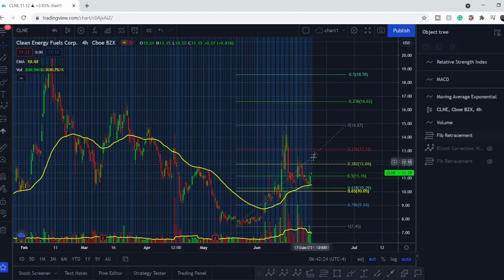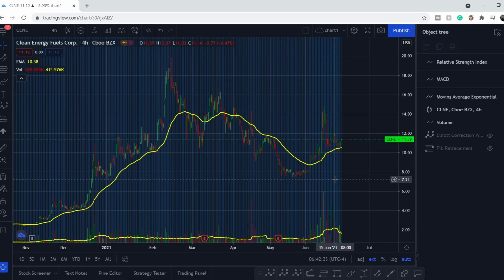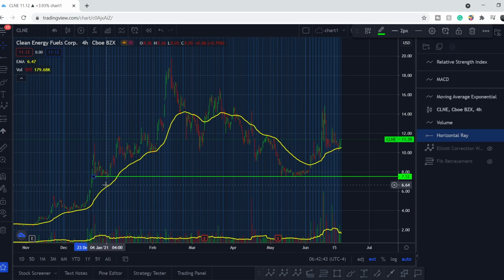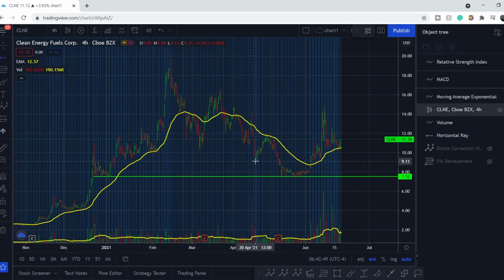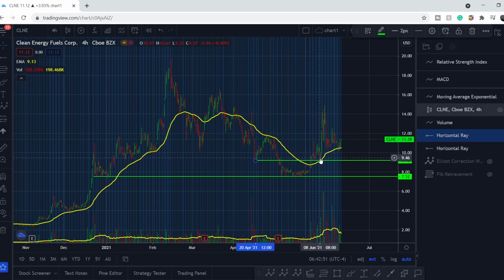And we might have two possibilities. As usual, we might go up or we might go down. And let me show you key levels. So definitely we have a key support level at the bottom of this movement. And as you can see, we have a very good confluence level with this bottom. The next potential level is right here, and we also have a very good confluence zone right here.